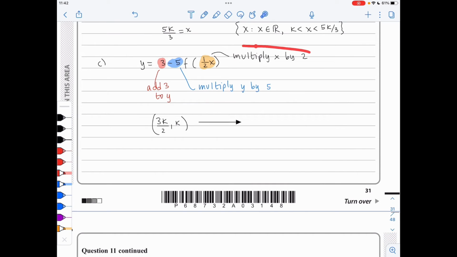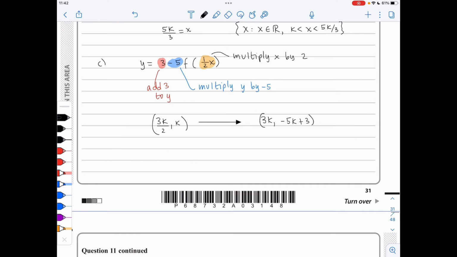The x will be multiplied by 2, which will give me 3k, and then the y will be multiplied by negative 5, and then we add 3. So if I multiply y by negative 5, I go to minus 5k, and then I add 3. So the y value will be minus 5k plus 3.